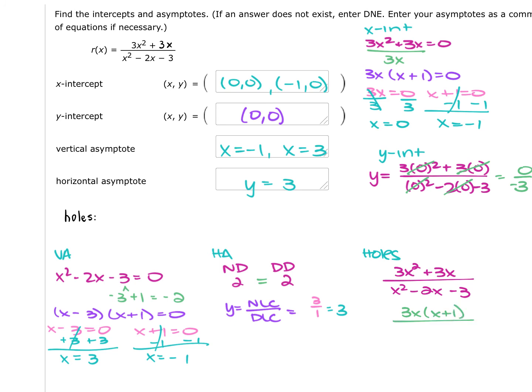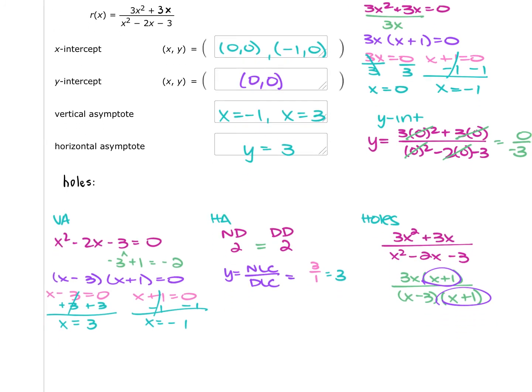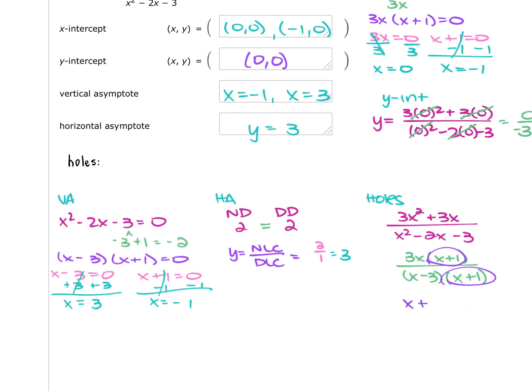When we did the bottom, we factored the bottom to be x minus 3 times x plus 1. You want to look for what's the same in both the top and the bottom. That x plus 1 is the same on both the top and the bottom. So we're going to take that x plus 1, set it equal to 0, and solve. We're going to move the 1 over by subtracting it from each side, and you get that x is equal to -1.